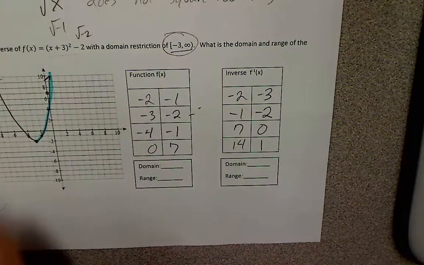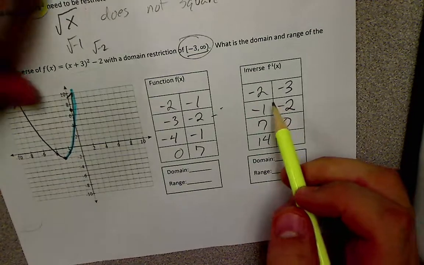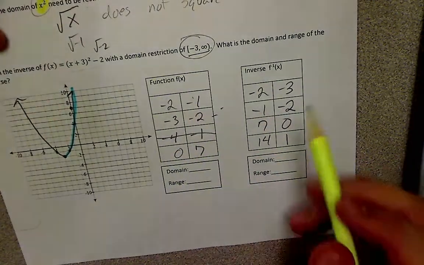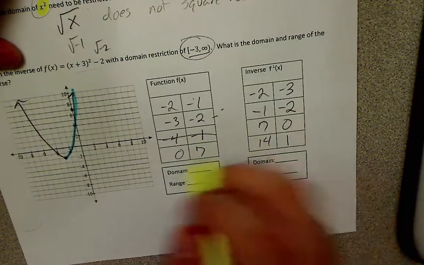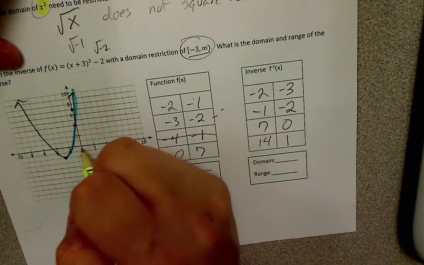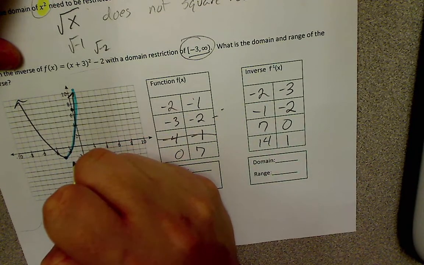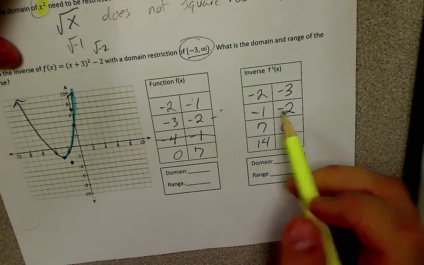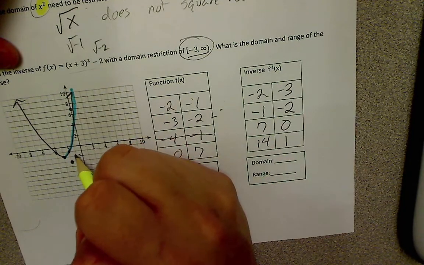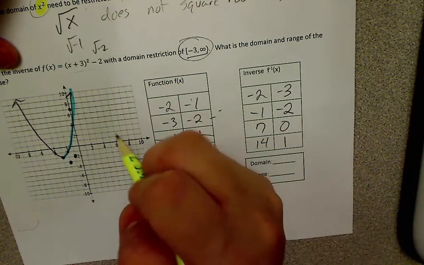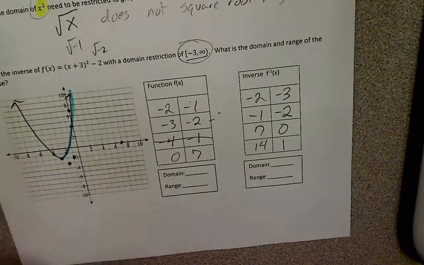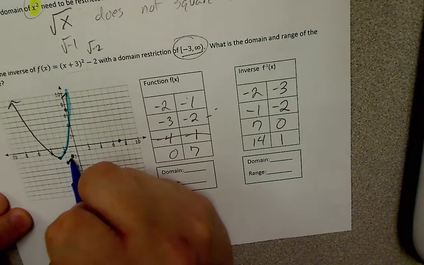Okay. So if I regraph it, this was a bad one by the way, but I used it. So now it's at -2, -3, which is right here. -1, -2 is right here. 7, 0 is right here. So my graph is now going to look something like this.